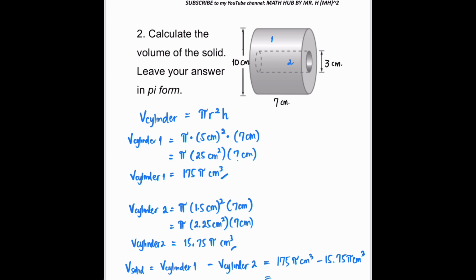And the answer is 159.25 pi centimeter cubed. That is the volume of the solid. So let's move to the third question.